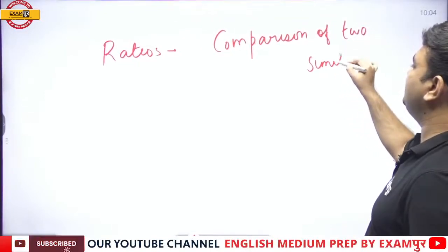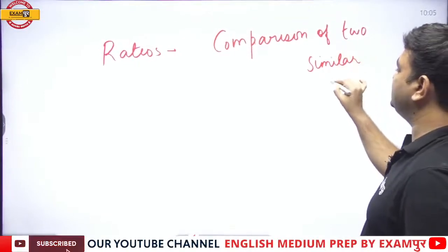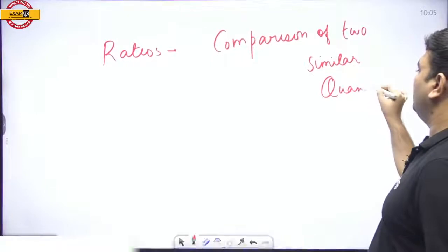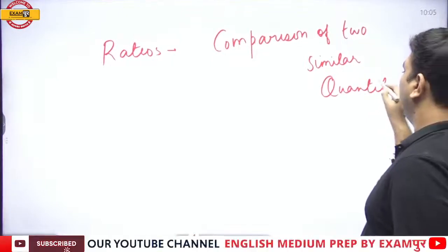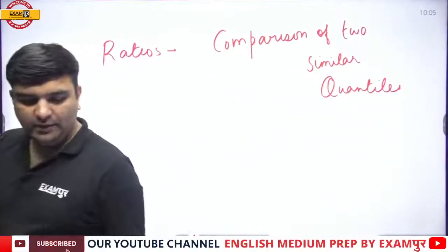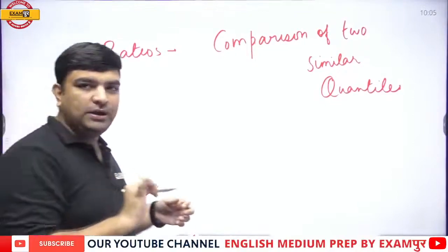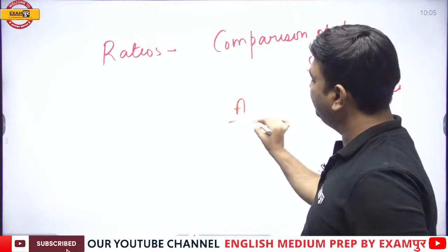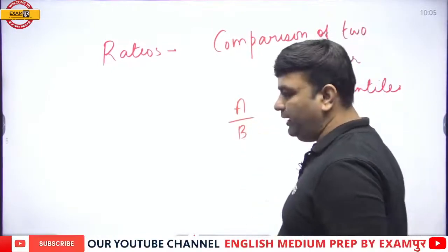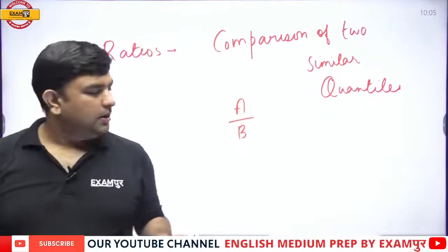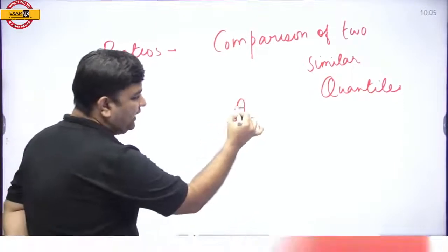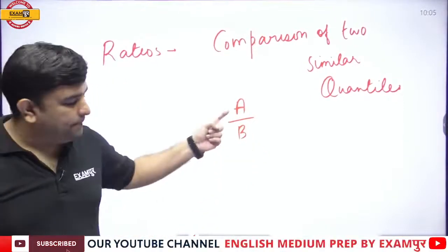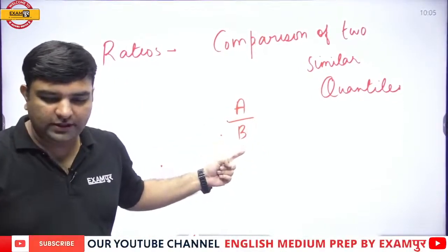What do I mean by this? Like A upon B is a ratio. So it is a comparison of A with B.